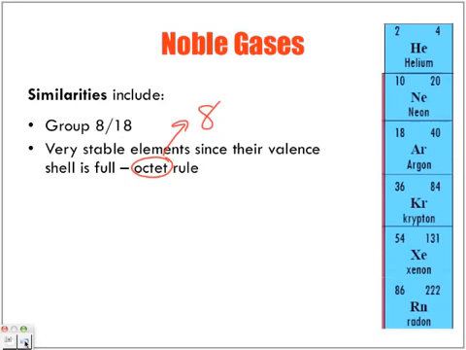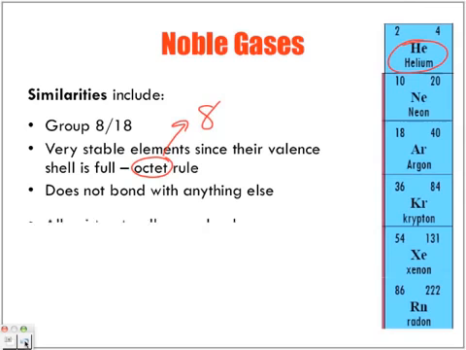Their valence shell is full, with the exception of helium, which is still full but doesn't fulfill the 8 valence electrons rule. Noble gases do not bond with anything, so you'll never see helium or neon or argon bonded with oxygen or chlorine or anything else. They exist as their own entity.